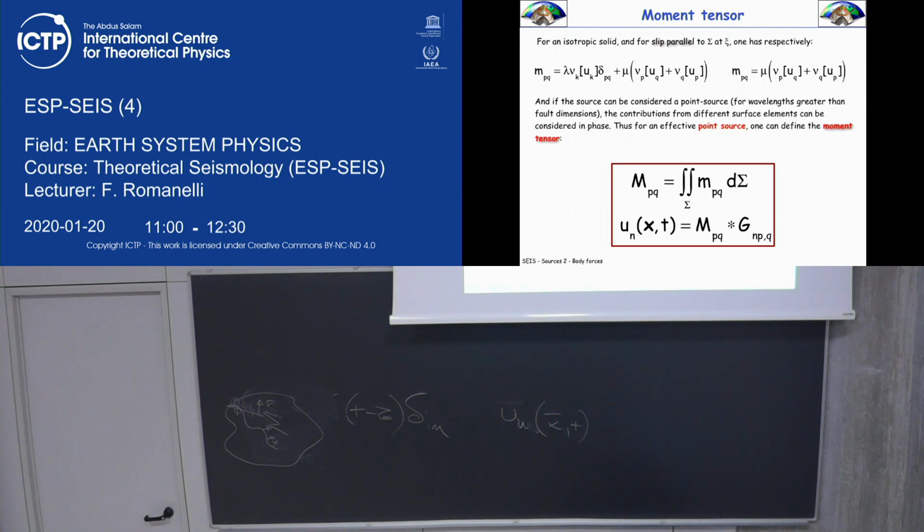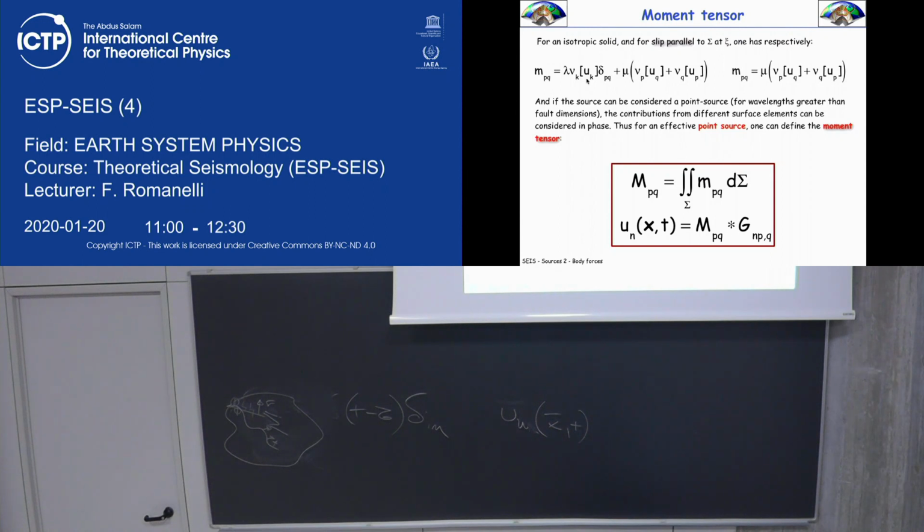So if you give a look to the definition of MPQ, for an isotropic solid you have two versions. But wait a second. If we are considering a pure shear dislocation, the slip on the fault will always be orthogonal to the normal of the fault. So this, that is a scalar product, will be always zero if n is orthogonal to u.